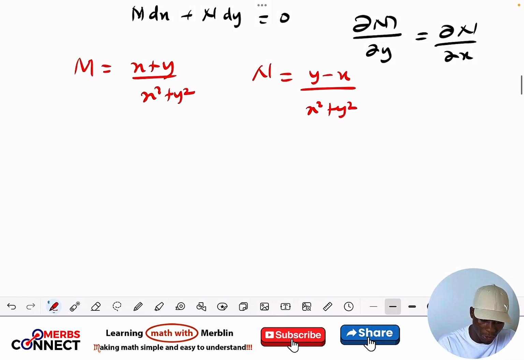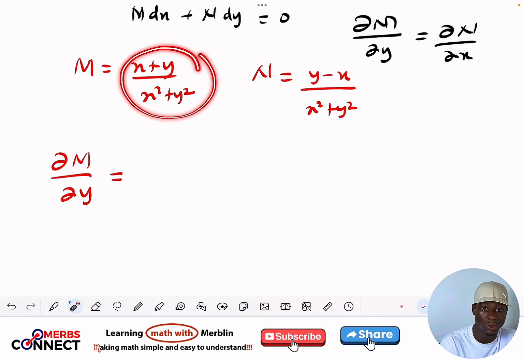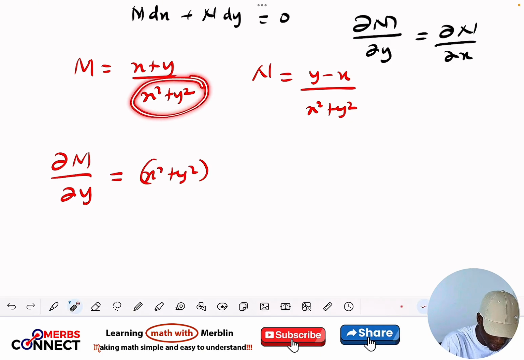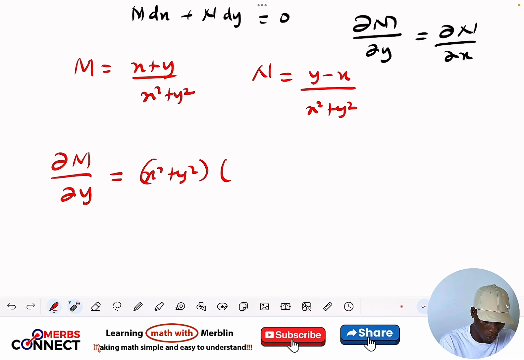But don't forget here we are going to differentiate it partially. So differentiating M with respect to y, we are going to use the quotient rule, but partially. So maintain the one on the top, maintain the one at the bottom, then differentiate the top. When I differentiate the top with respect to y, when I differentiate x, it will go to 0.